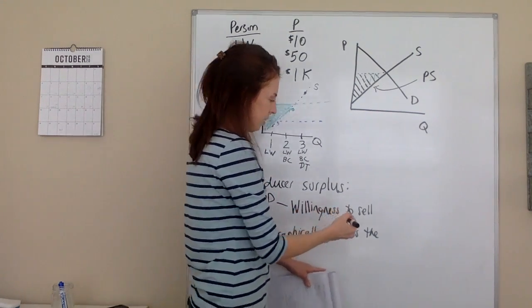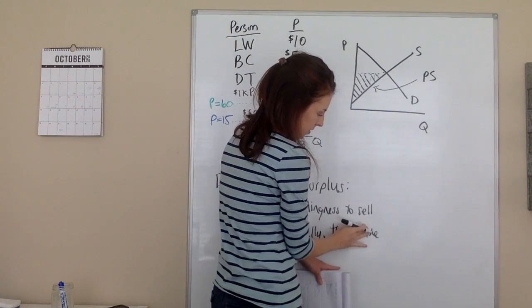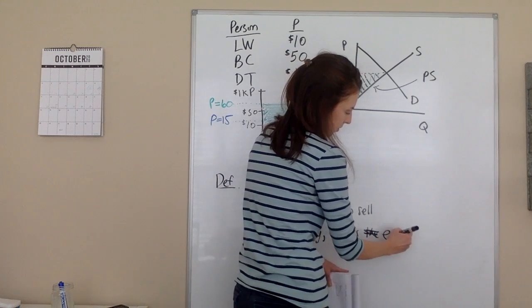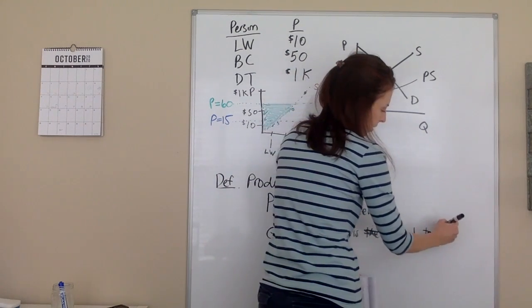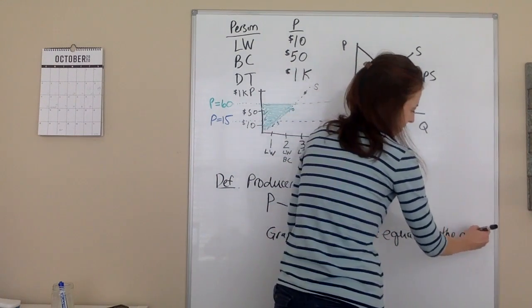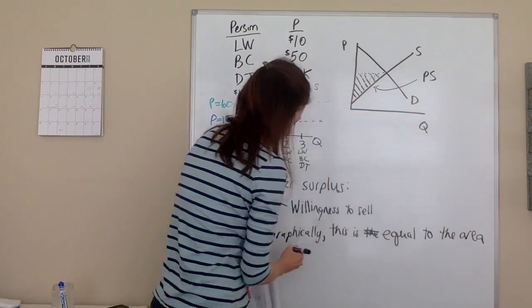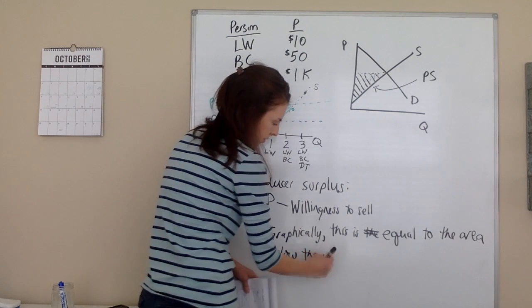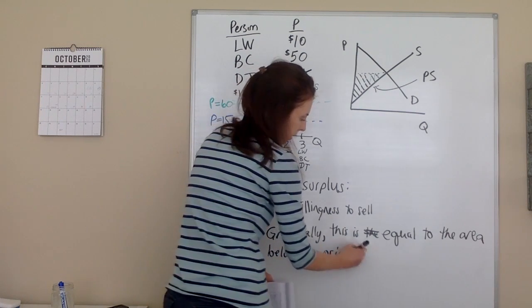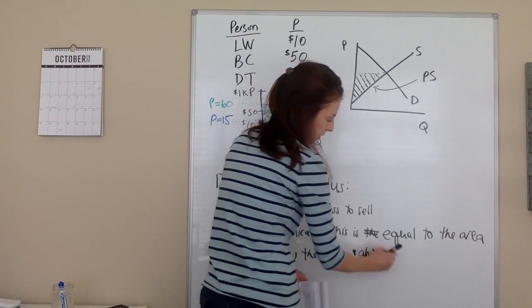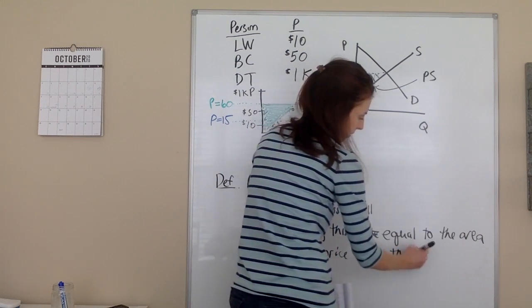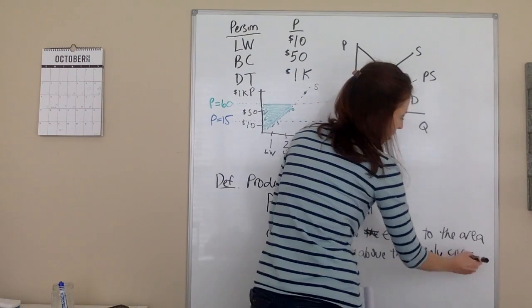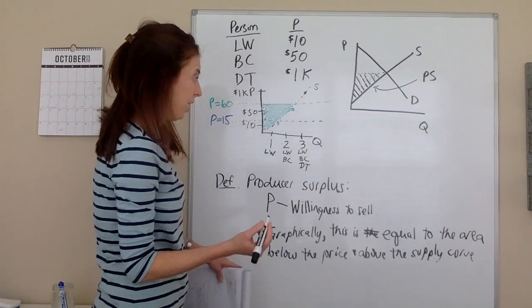So graphically, this is equal to the area below the price and above the supply curve. And note that it's always going to be a triangle.